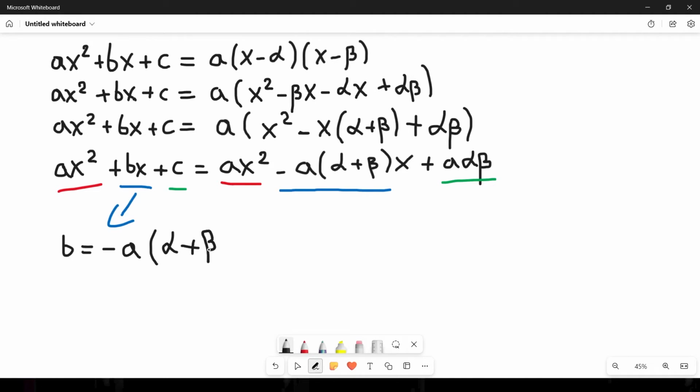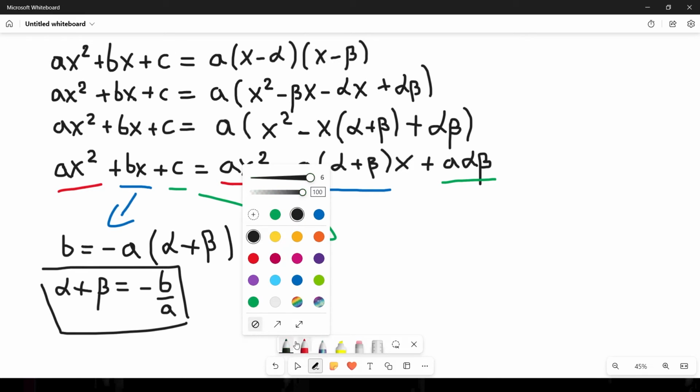I won't write the x, but what we get from here, I will change the right and the left side of the equation. Alpha plus beta, which is the sum of our roots, is equal to minus b over a, which is the exact formula we had to write down.